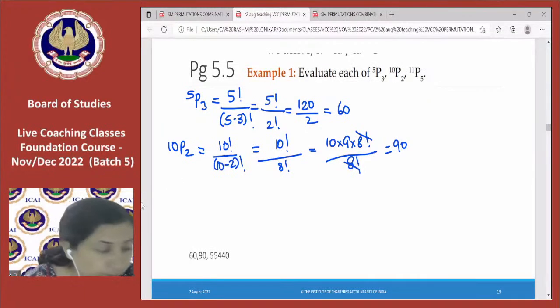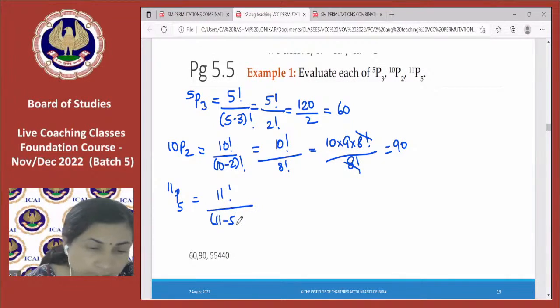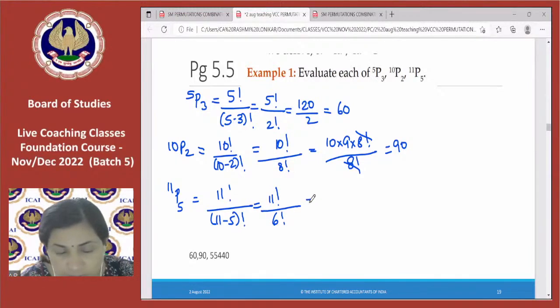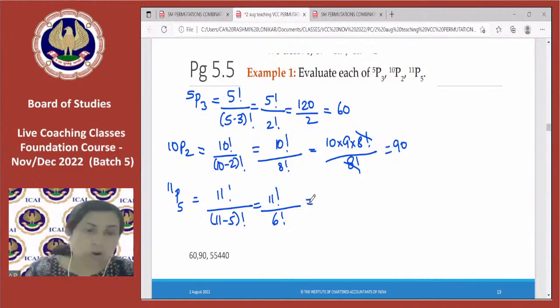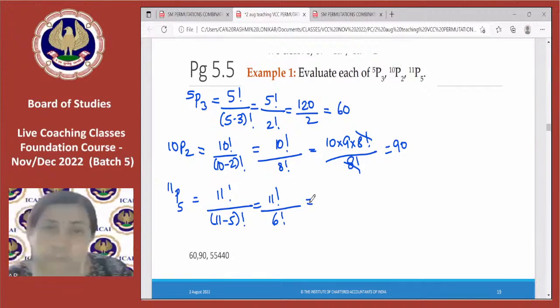Let us see the third one, 11P5. This is equal to 11 factorial upon 11 minus 5 factorial, which is equal to 11 factorial upon 6 factorial. So again, I will use this. Or I can do it on the calculator also, that is possible.